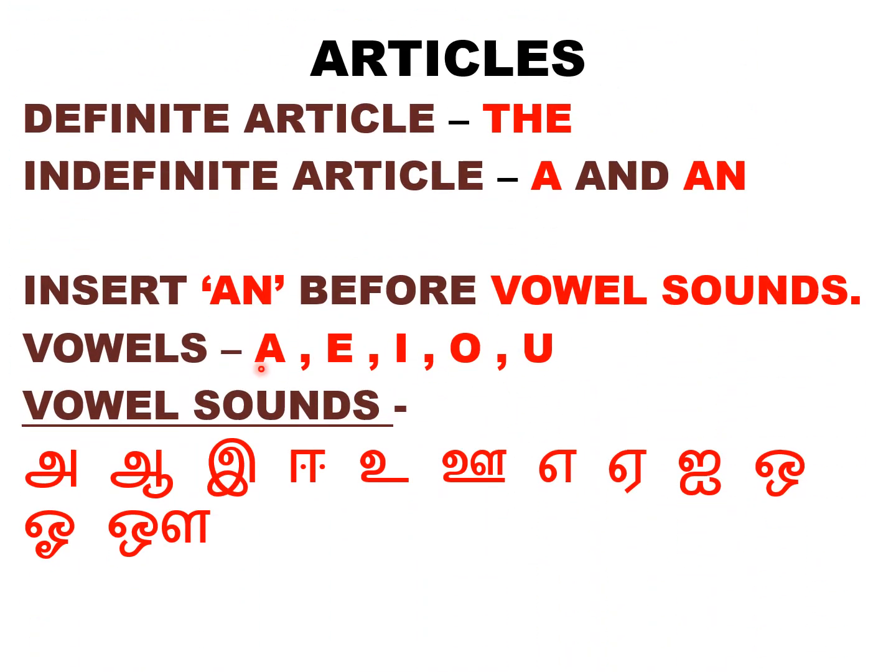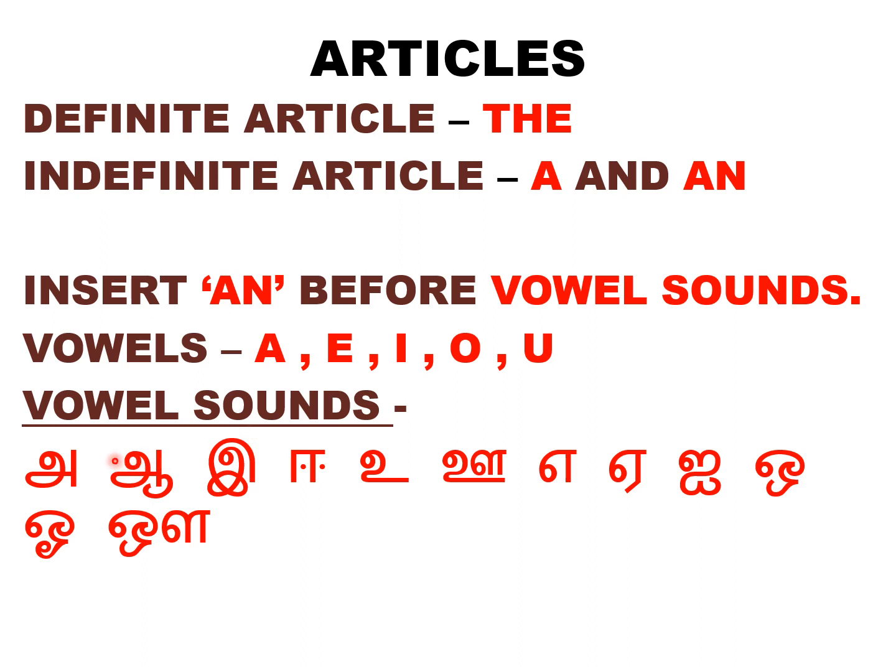The letters A, E, I, O and U are vowels. In Tamil, there are 12 vowels. We have to keep these 12 vowel sounds in mind when we write these articles.